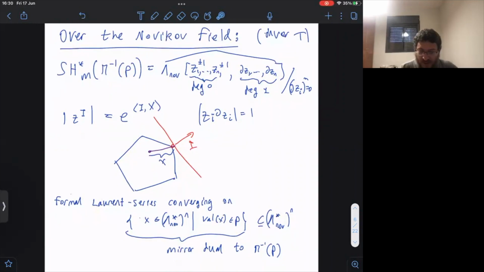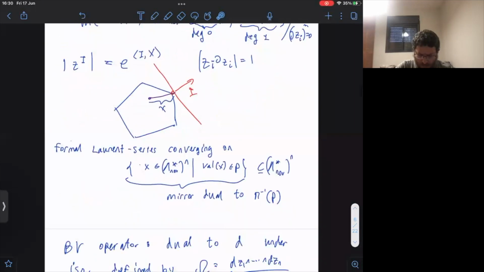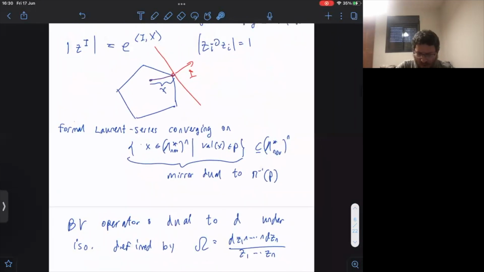So you should think of this as kind of giving us the mirror dual to the symplectic region. Okay, so this is more or less a full description of, I mean, this describes also the product. Maybe I didn't describe the BV operator, but it can also be described.